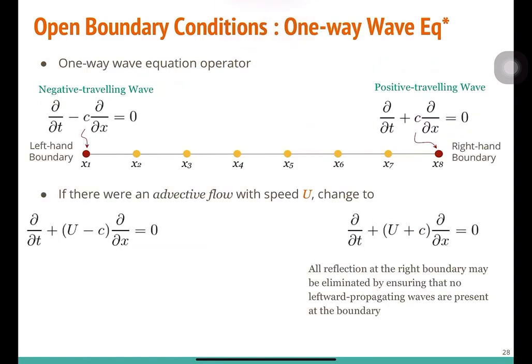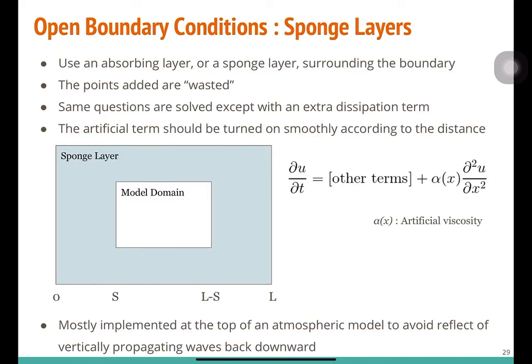Okay, so unfortunately, if you have a model with more than one dimension, 2-dimension or 3-dimensional model, you cannot set an open boundary with this like an analytical method. Okay, we have to do something else.